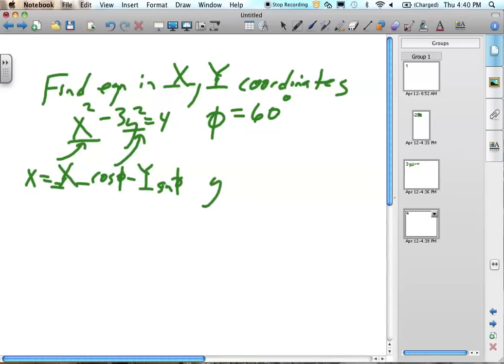And my little y, or my original y, is going to be x sine of the angle plus y cosine of the angle. Now what we do is we substitute these in for x and for y.